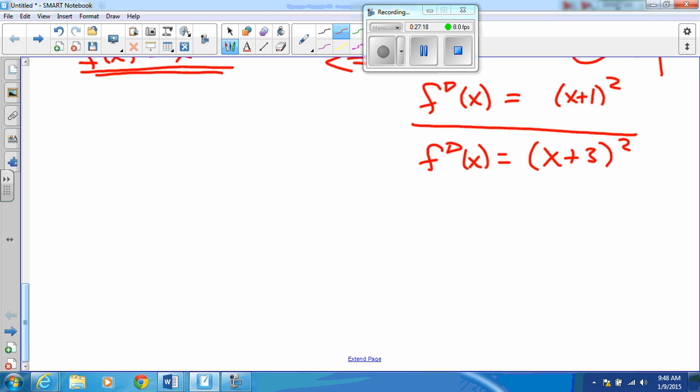Does this go through the x-axis twice? No. Okay, so that could work. This now goes through the x-axis twice. How do I know? Because it has 2 different factors. That's exactly right. This works. So this is one way to construct it. I'm going to go ahead and simplify that.